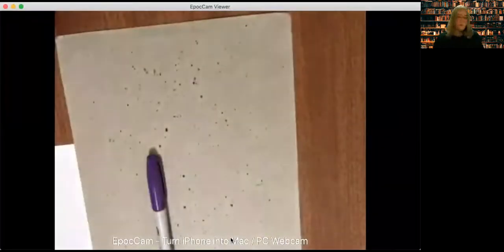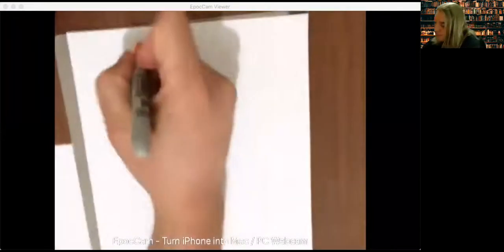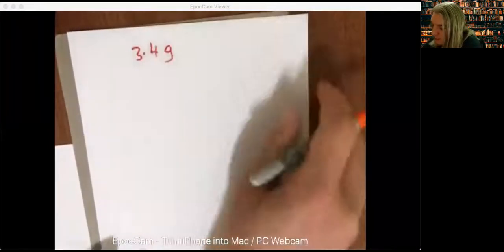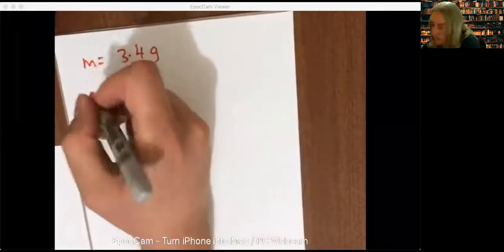So hopefully you all had a go at that now. I will grab a new sheet of paper. And let's think this through. So we've got 3.4 grams. That's our total mass. We've got the atomic mass of copper.